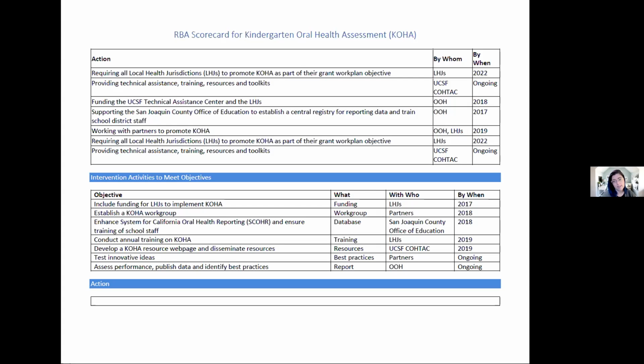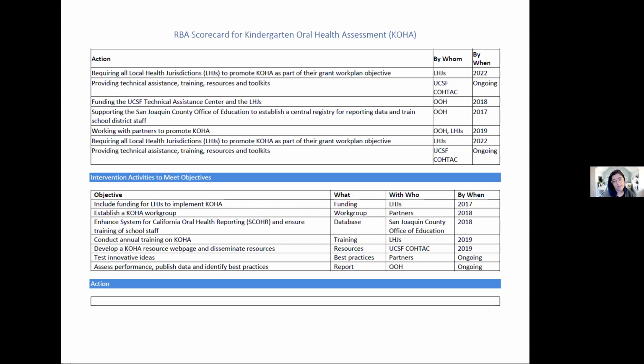To encourage them. But another thing that on the local level that can be done is to work with the local control funding formula, that every school district has a parent advisory committee, and they are supposed to look at the funding plan by the school district and approve it.